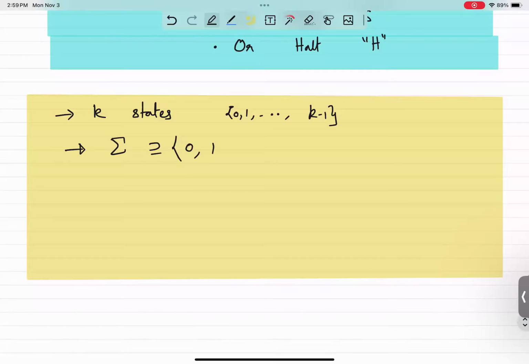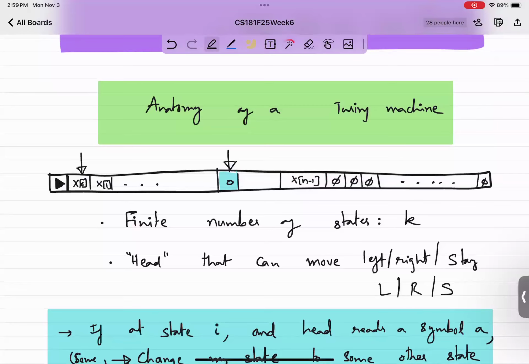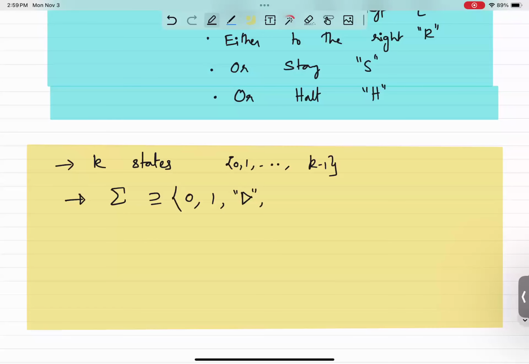So the alphabet will always have 0, 1. It will also have this weird triangle symbol. This is just to say I'm at the beginning of the tape. It's only reserved for the beginning of the tape. Okay. And then there is also the empty symbol. Okay, meaning a cell is empty. There's nothing written there. All right.